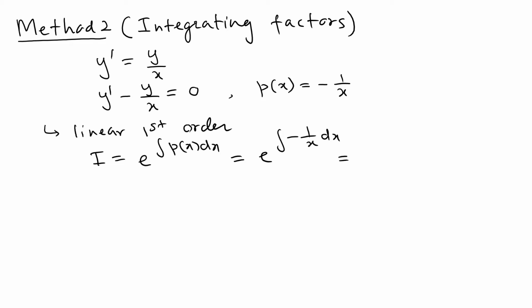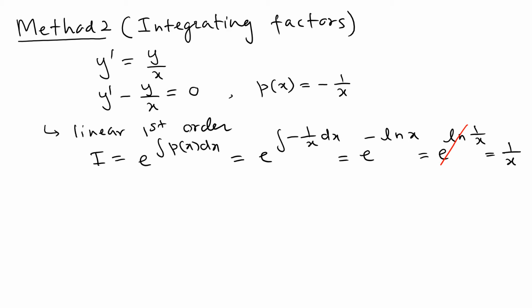Pulling the negative sign out, we can write this as e to the negative ln x. We don't write the absolute sign here for ln because we are looking for only one solution. So we can write this as e to the ln of 1 over x. Again as before, e to the ln gets cancelled, so you get 1 over x. So 1 over x is the integrating factor.